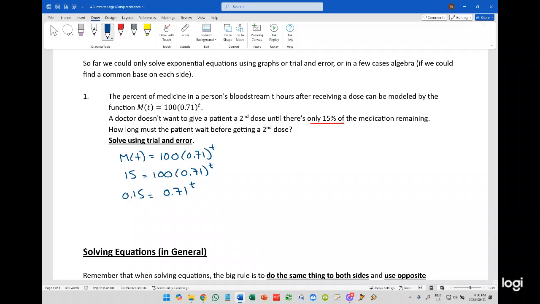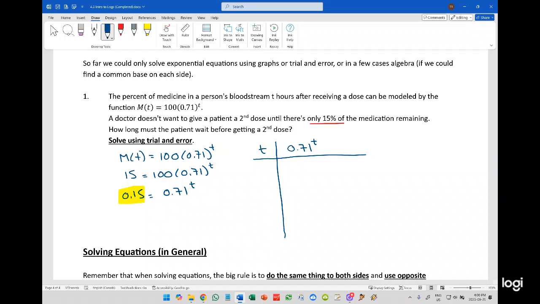And if you recall the trial and error method, I feel bad we're using trial and error on medical grade stuff, but anyway, we guess a t and then plug it into 0.71 to the t, and our target number is 0.15. So again, you can guess what this is.